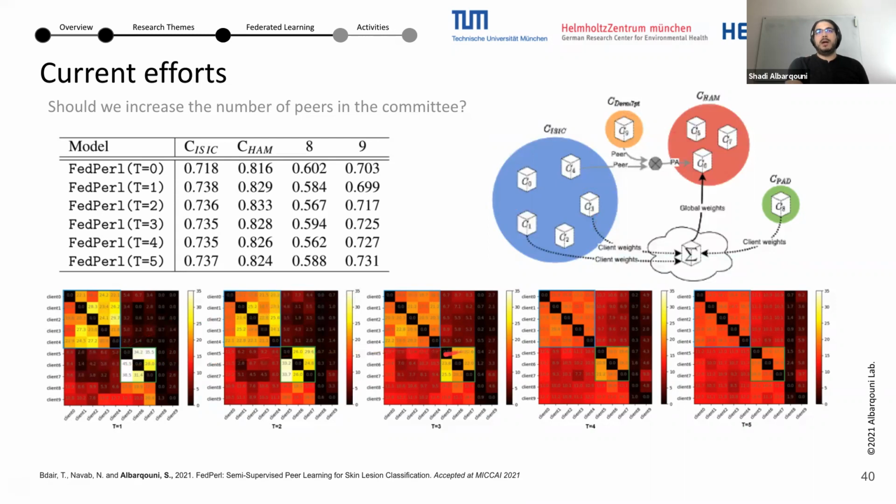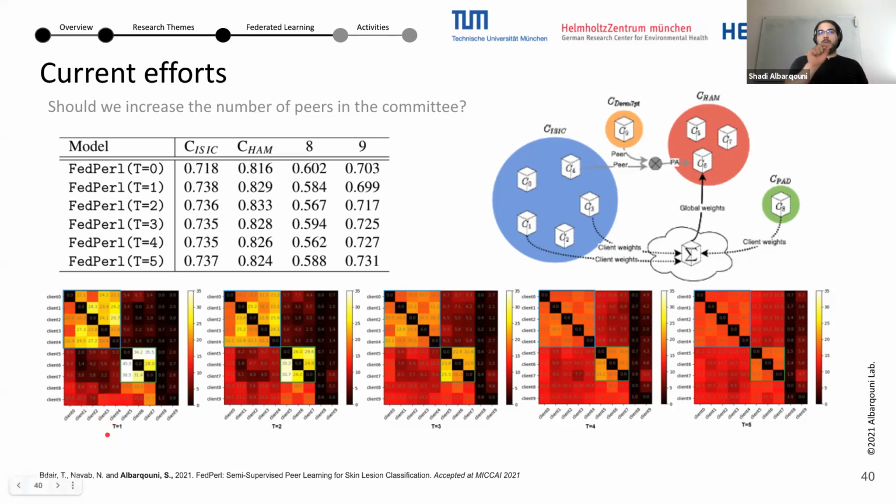And what you see here in the bottom figure is the similarity matrix between the clients. They are ordered such that the first 5 clients come from the ISIC database, the next 3 clients come from HAM10000, then these are individual clients. The brighter spots in the similarity matrix mean there's high similarity, and you could profile these clients and know who is similar to whom.